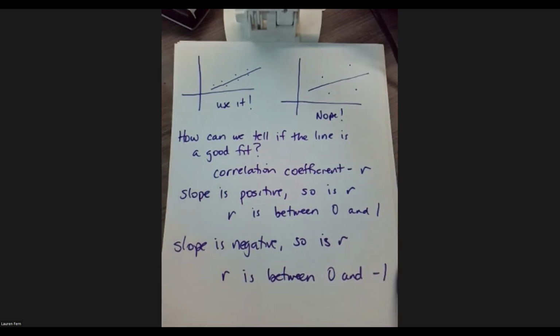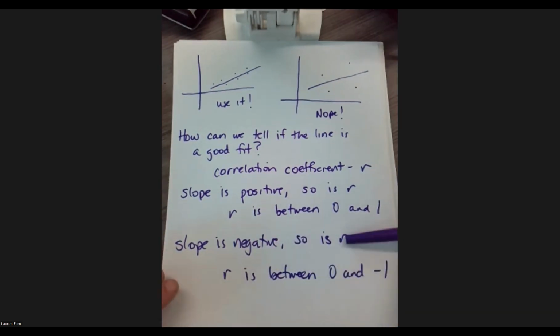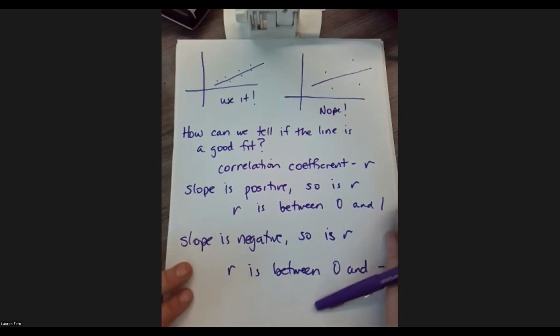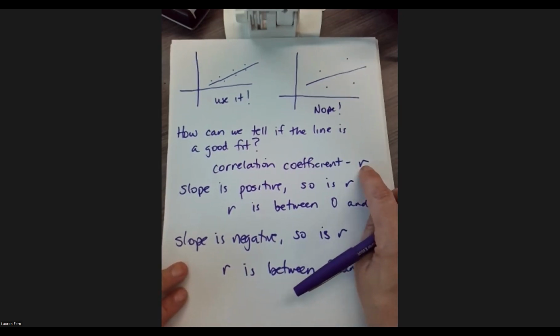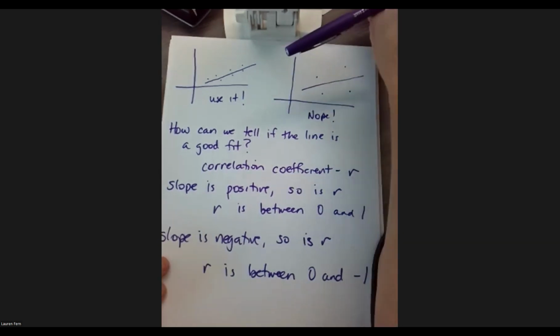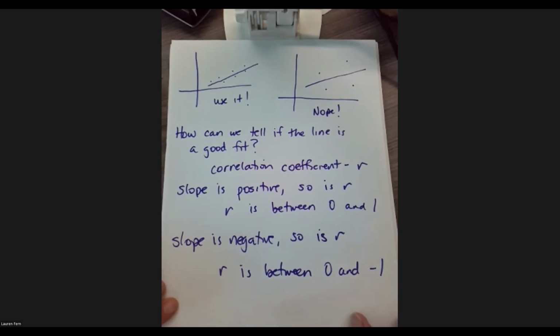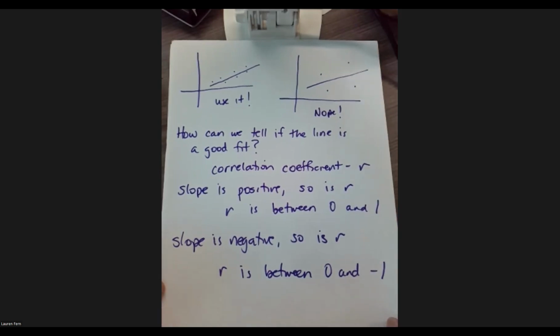So my point is this: the sign of your slope does not tell you how good of a fit it is. The sign of your correlation coefficient does not tell you how good of a fit it is. The sign of the correlation coefficient just follows the sign of your slope.